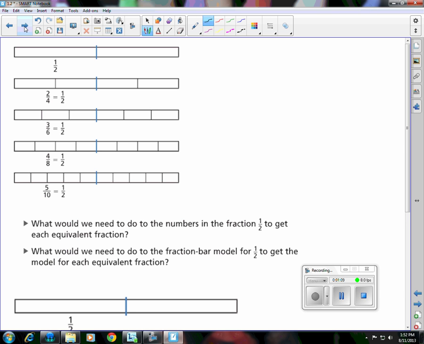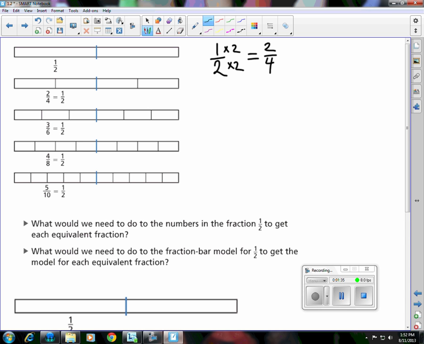And the reason that that's the case is because if I take 1/2 and I use the multiplier 2, then I get 2/4. Now, here's the trick and the rule with fractions. When you're using a multiplier and you're trying to find equivalent fractions, whatever you do to the numerator, you have to do to the denominator.